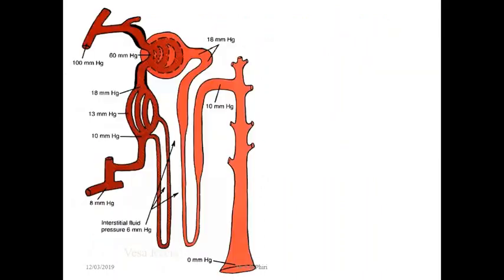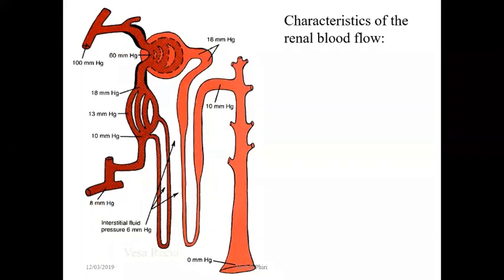Okay, so this diagram is showing the kidney nephron and its different components, and the pressure that is facilitating reabsorption. As blood is coming in via the interlobular arteries or the cortical radiate arteries, the pressure at which the blood is moving is 100 millimeters of mercury.